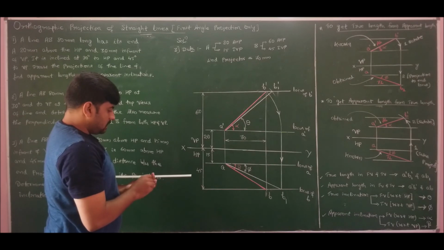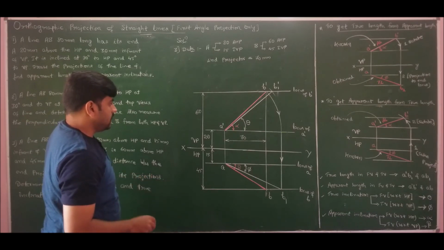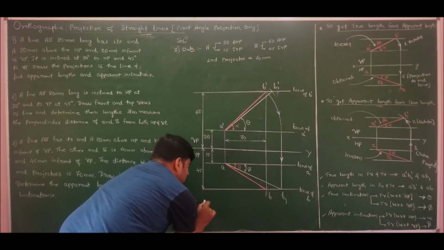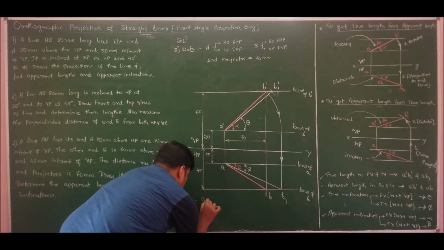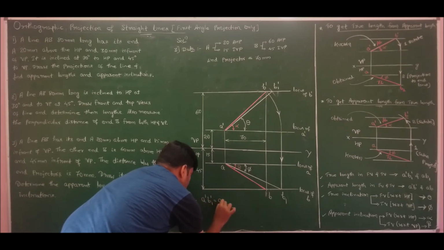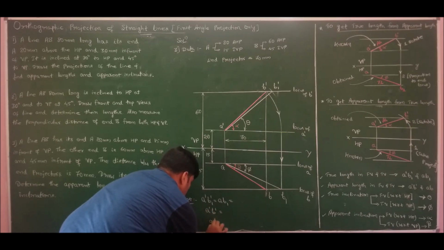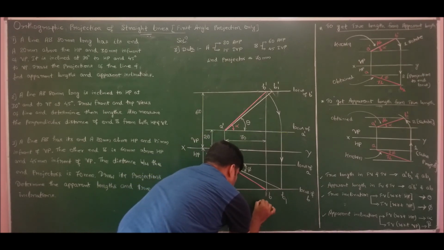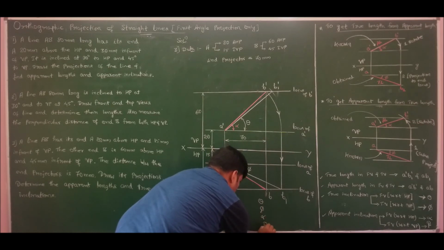So if I measure and list the answers, I will get all the values I should list, that is A dash B1 dash is equal to A B1 true length, A dash B dash, AB, and then we have theta, phi, alpha, beta.